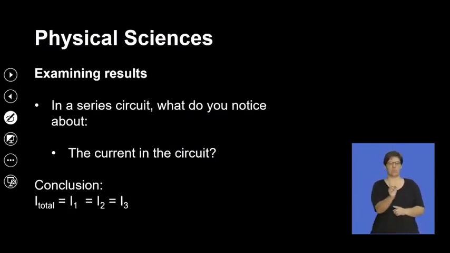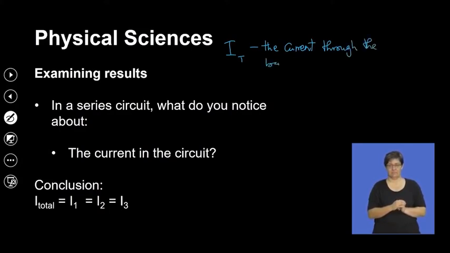Now let's take a look at how we are going to examine the results that we just collected. The question was, in a series circuit, what do you notice about the current in the circuit? Now we are saying that the total current, I total, take note of the notation, is the current through the battery. This is the total current in the circuit, in other words, the current through the source.